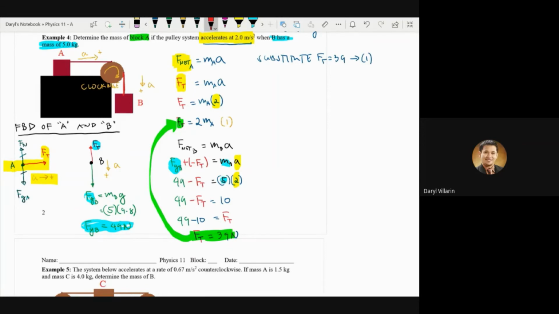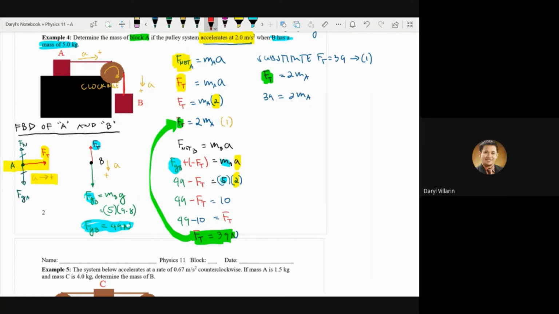So again, the first equation is Ft is equal to 2Ma. So if I substitute my Ft, that means I'm going to write 39 newtons is equal to 2Ma.